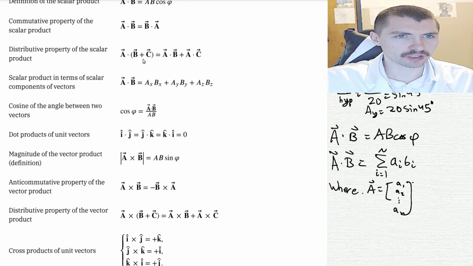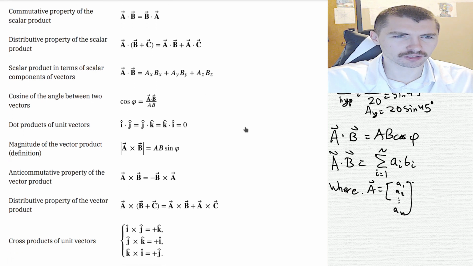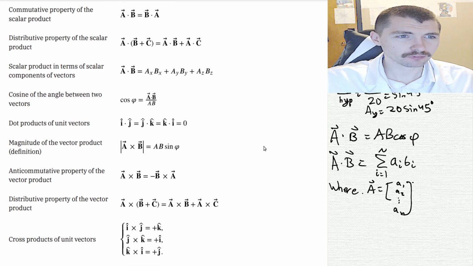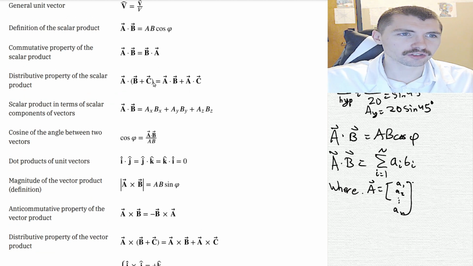So yeah, dot product can be distributive. So you can rewrite the dot product as the sum of the components, which is what they're doing here. So they're really using two definitions.